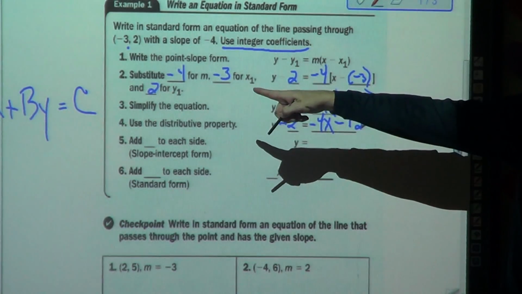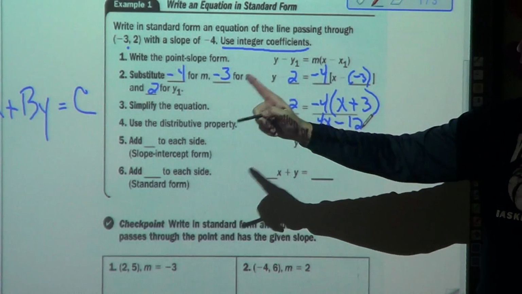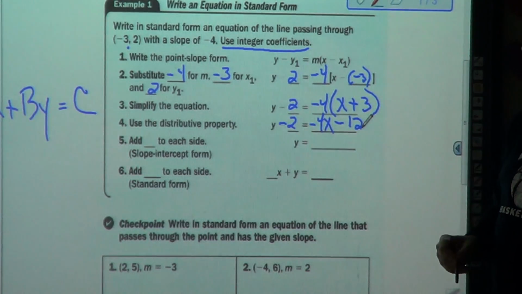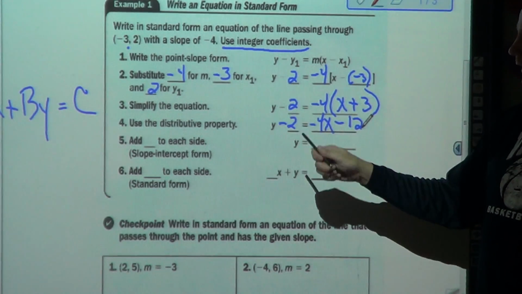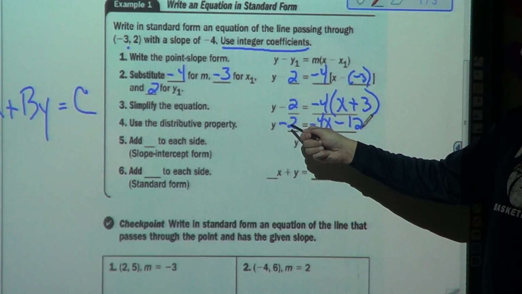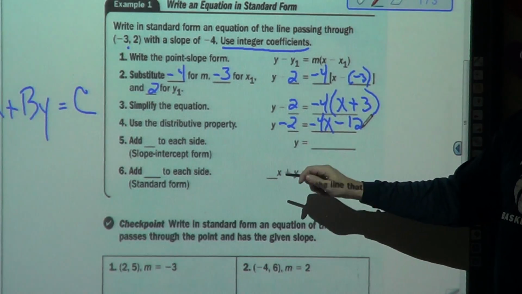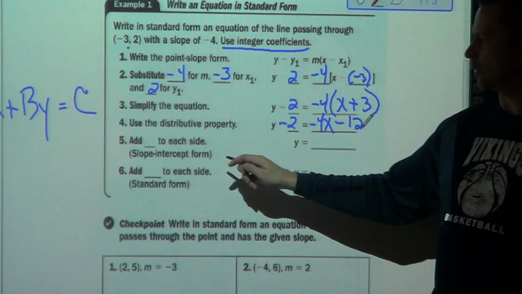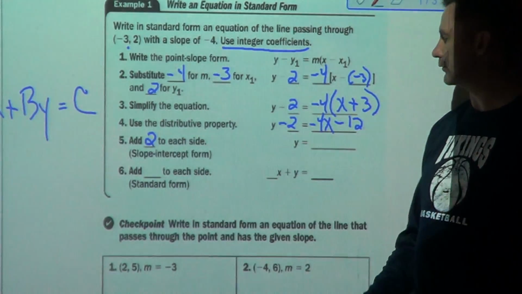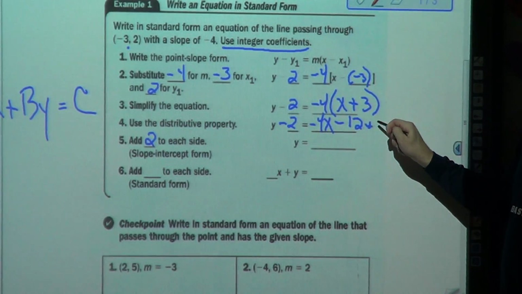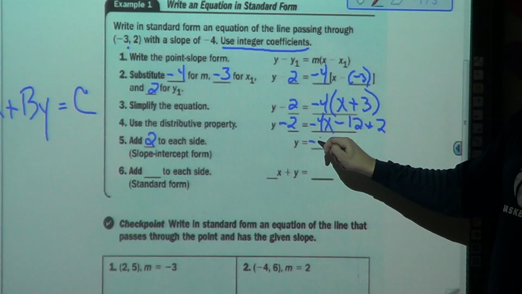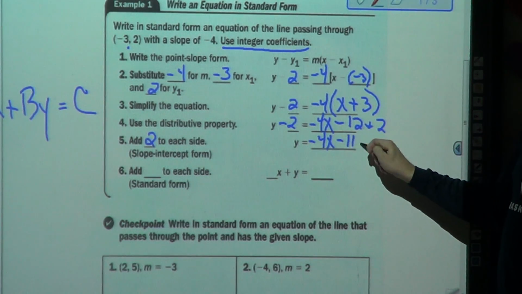In standard form we want the x and the y both on the left side. First we add 2 to both sides to get y by itself, in slope-intercept form. So -12 plus 2 gives me -10.